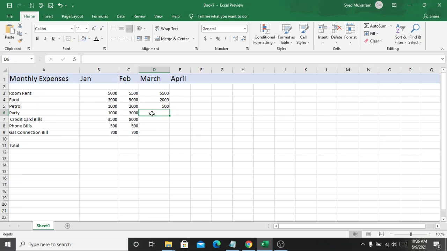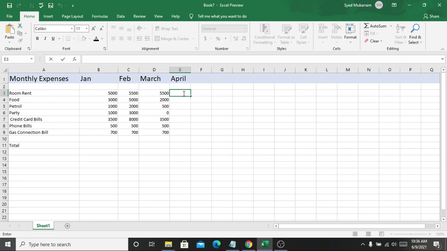And again there is no party because we already did a lot of partying, so we just enter 0. There is no party over here. The credit card bills are normal over here, like 3,500, and the phone bill is 500 for the month. Phone bills and then gas bill will be the same, and so on.